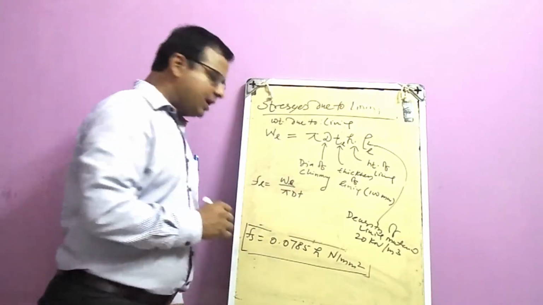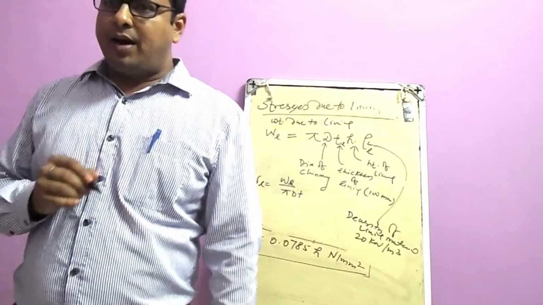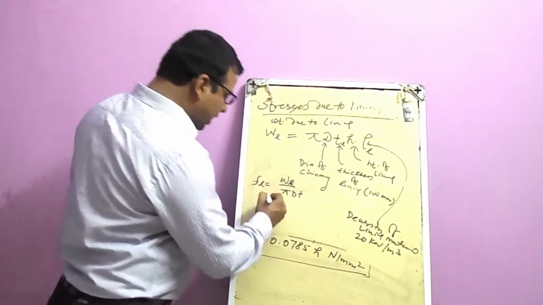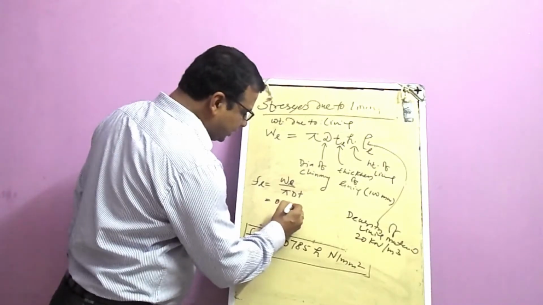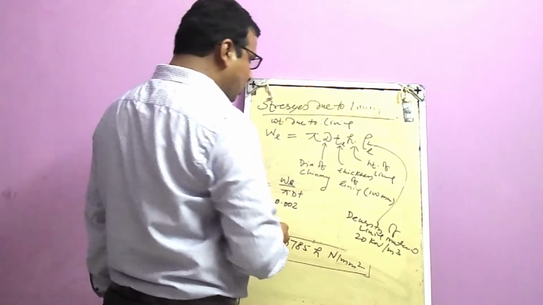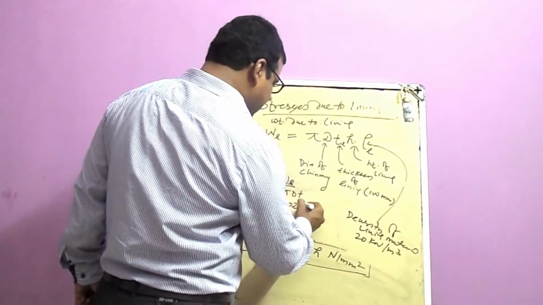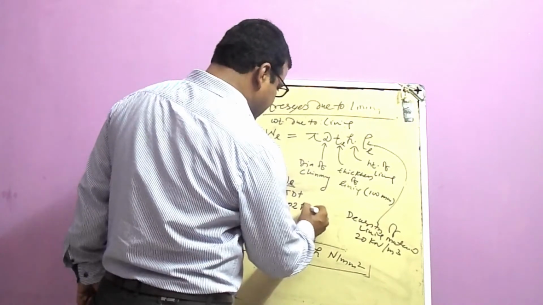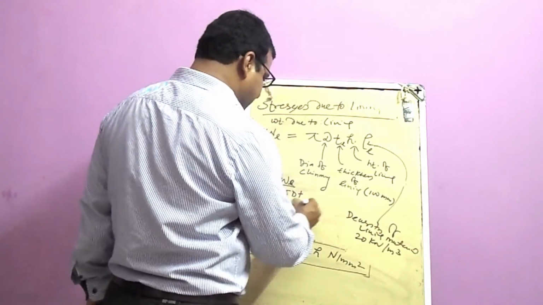So this will be our stresses due to the weight of lining, and it becomes 0.002 H DL.